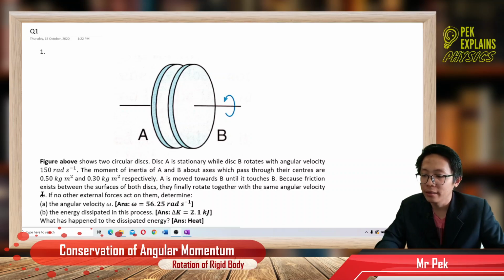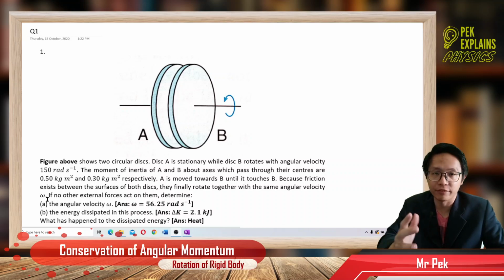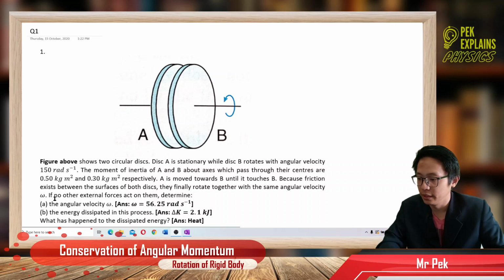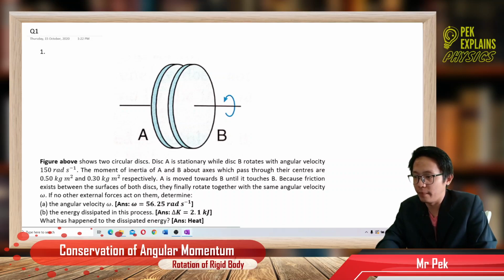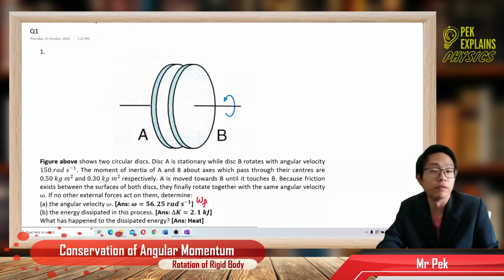So omega is the final angular velocity after they combine. If no other external force acts on them, determine the angular velocity omega. That means you want to find the final angular velocity after they combine.